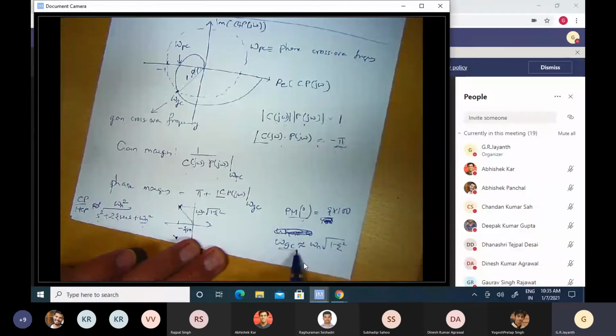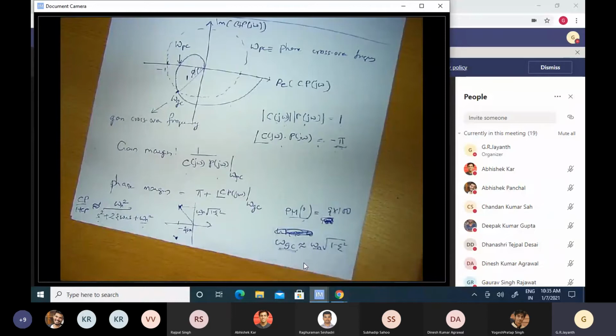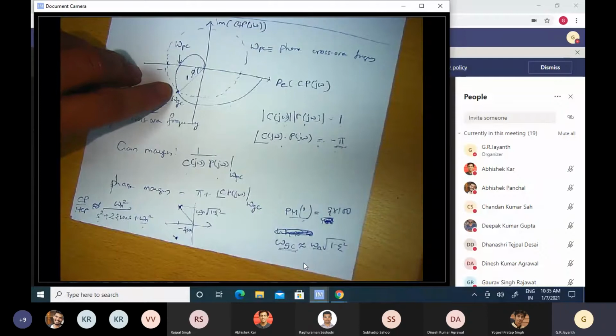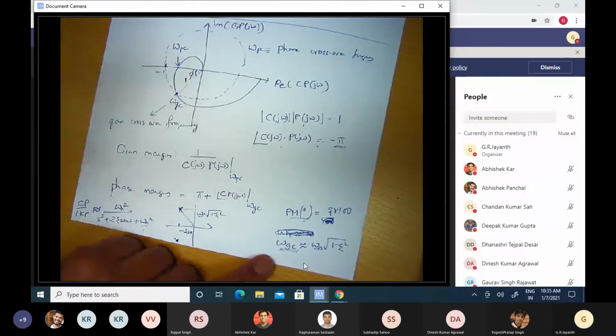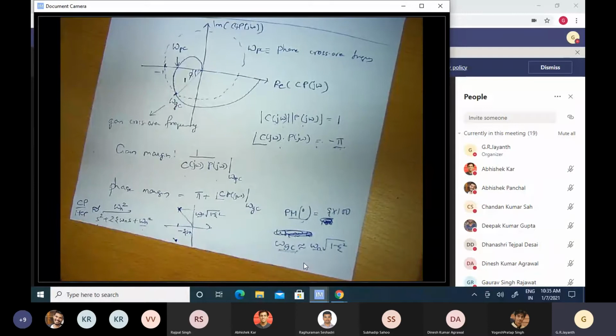From the gain crossover frequency information I can get omega n, which is the natural frequency of the closed loop system. Okay, so there is a correlation between the open loop system's specifications, namely the gain crossover frequency and the phase margin, and the closed loop system's pole locations, at least the dominant pole locations.